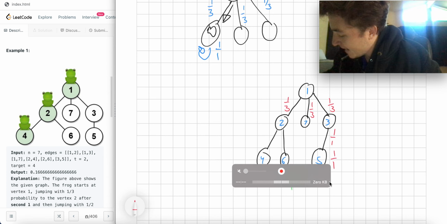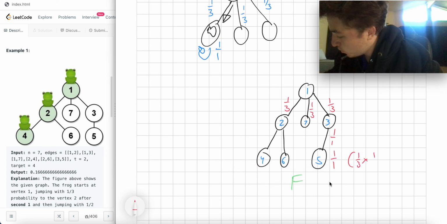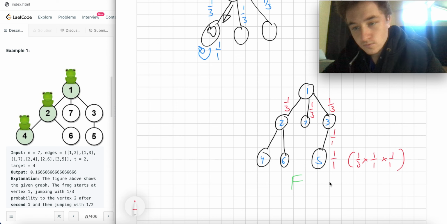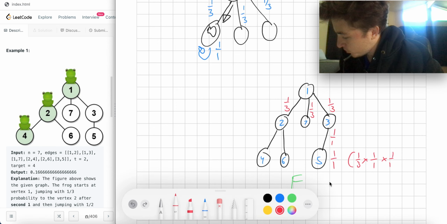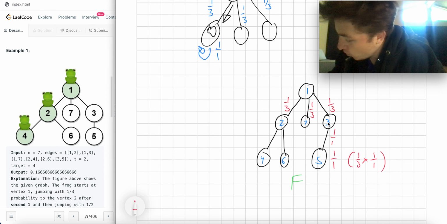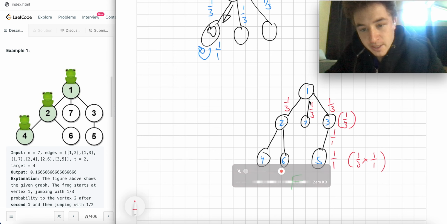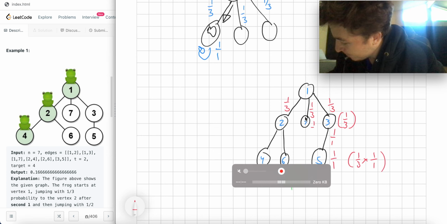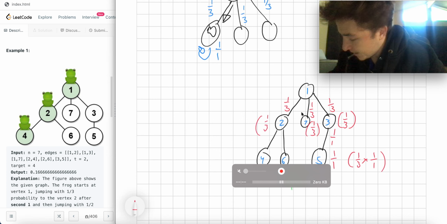So this state happens 1/3 times 1 over 1 times 1 over 1 times. I mean, it's just 1 over 1, so it doesn't matter. But that's this, right? You end up in this state 1/3 of the time. You end up in this state 1/3 of the time. You end up in this state 1/3 of the time.